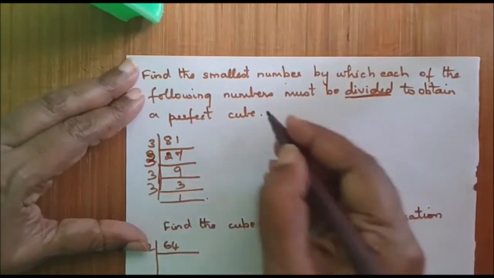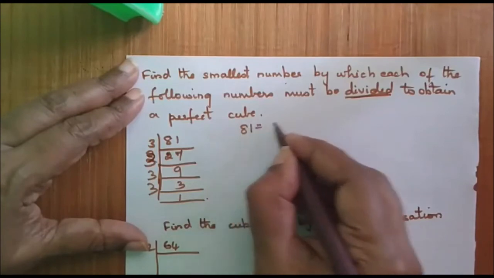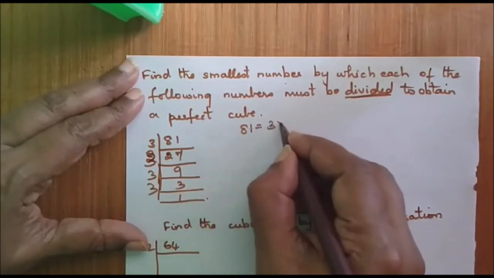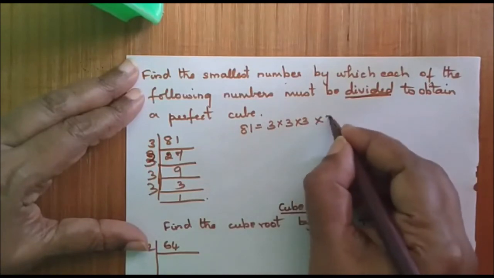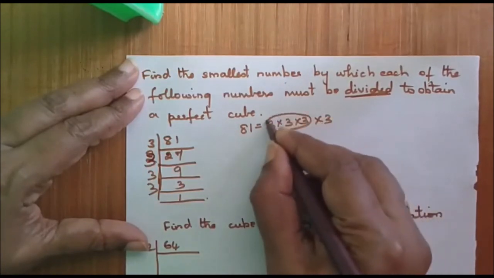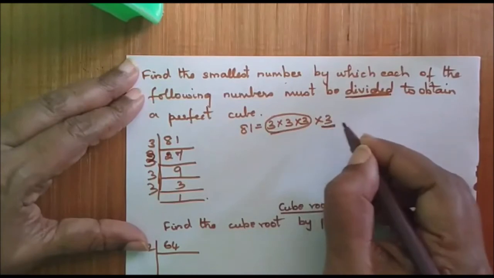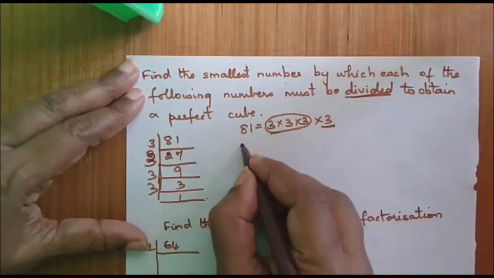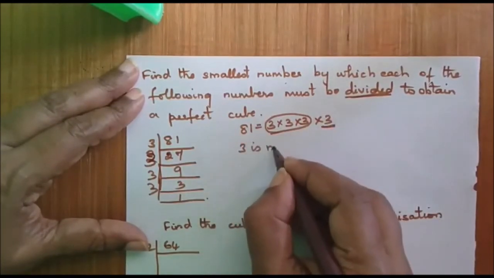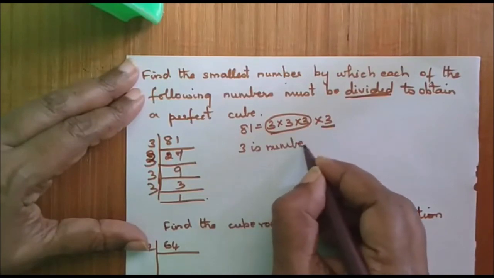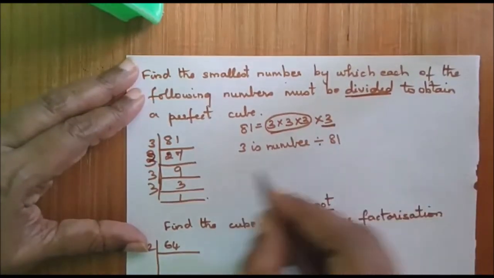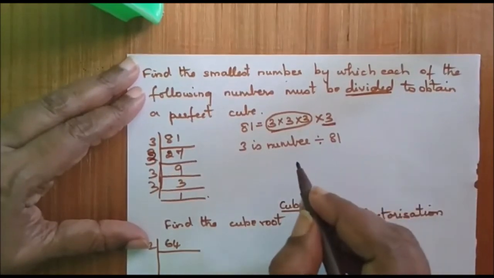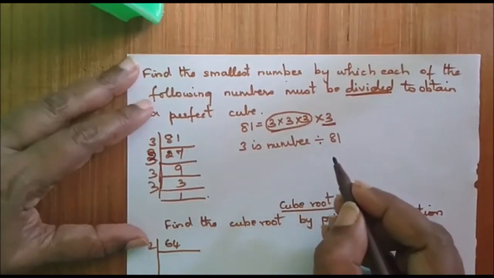So in this case 81 can be written as 3 into 3 into 3 into 3. So this forms a triplet, but there is one extra 3. So 3 is the number with which I should divide 81 so that it becomes a perfect cube. I hope you understood now.